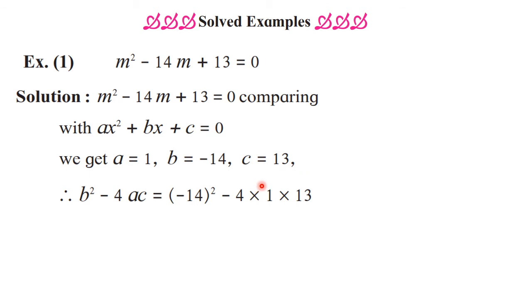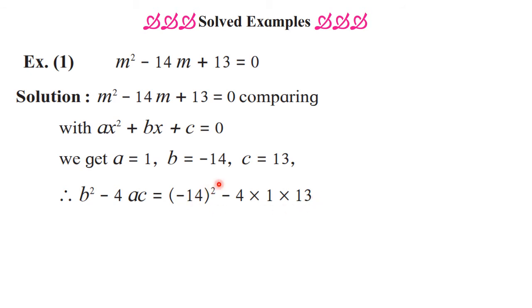Then the next step is to find the value of b square minus 4ac. As I have said, directly you are not going to use the formula. First you are going to find the value of the discriminant, that is b square minus 4ac. So the value of b is minus 14 here. So minus 14 the whole square minus 4 into the value of a, which is 1, and the value of c, which is 13.